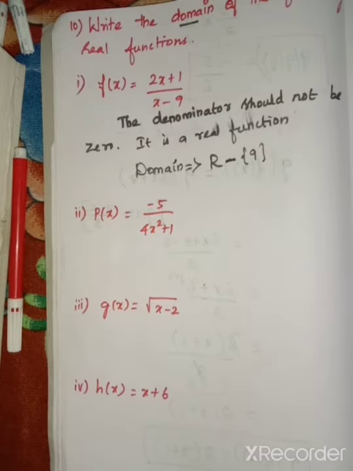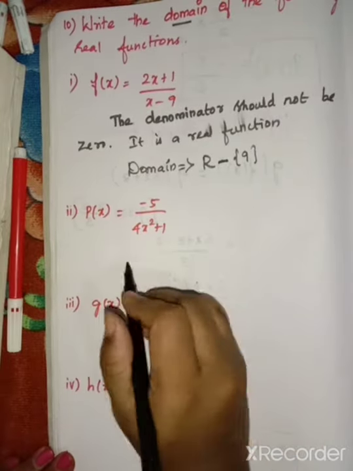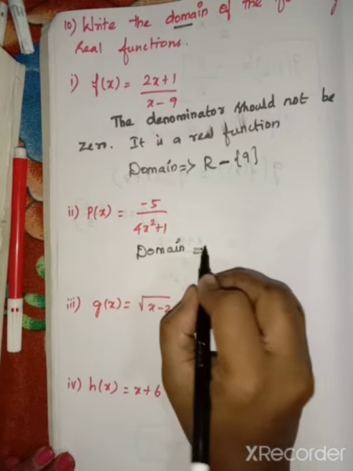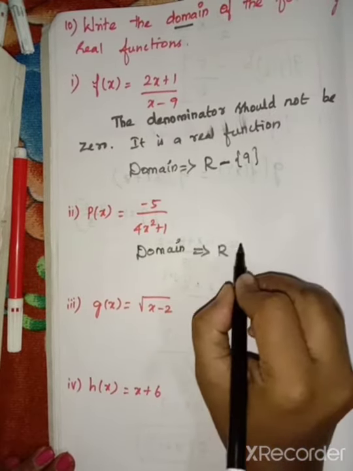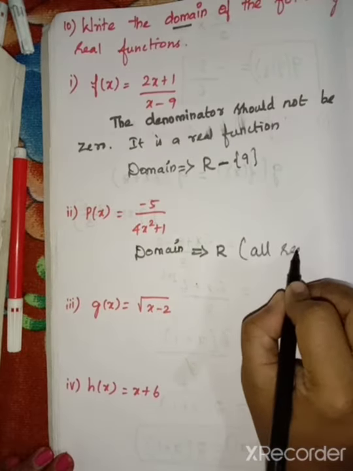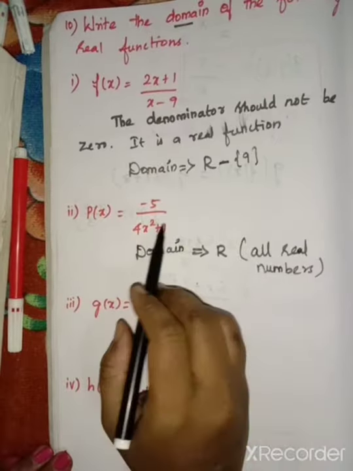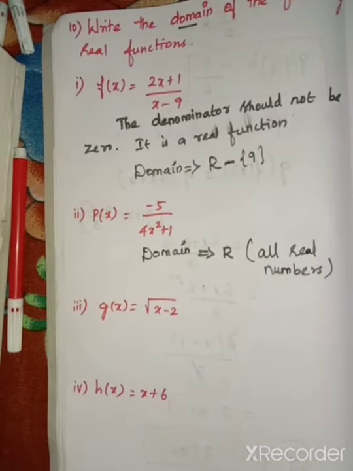So all real numbers we can use for the second subdivision. So we can write the domain as R only, because R is considered as all real numbers. Positive, negative, fraction, whatever you use, we get the function value.